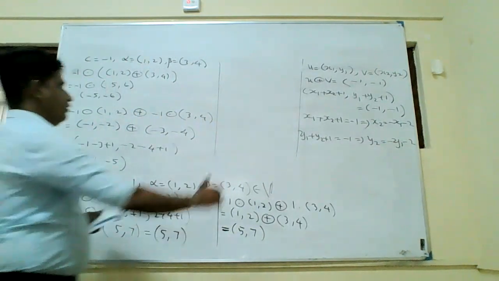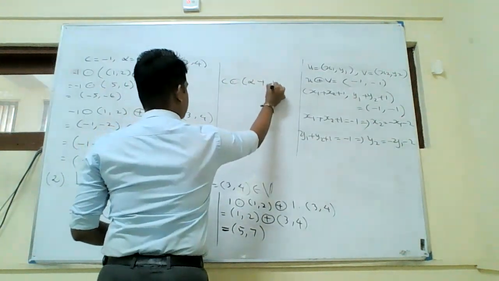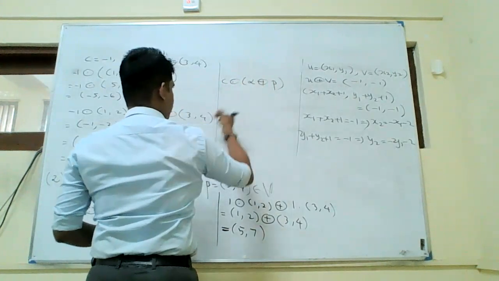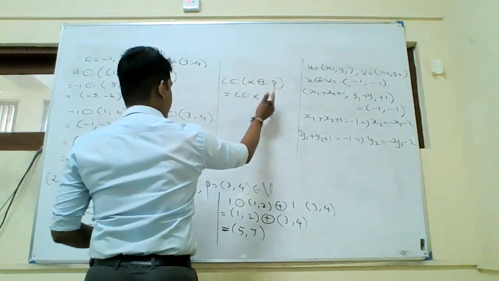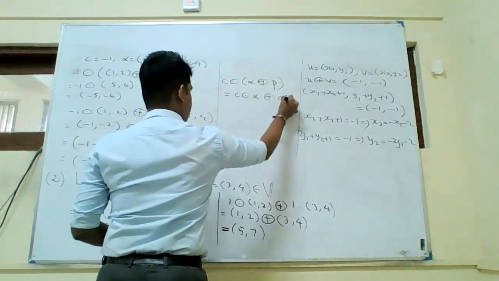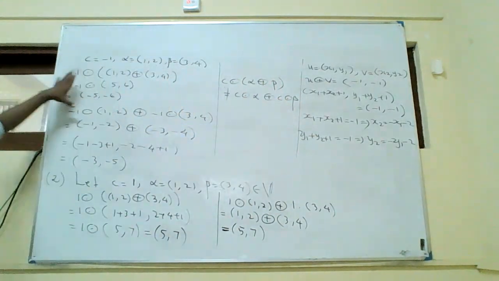Therefore, c scalar multiplication of (alpha plus beta) and c scalar multiplication of alpha vector added to c scalar multiplication of beta are not equal for this case.